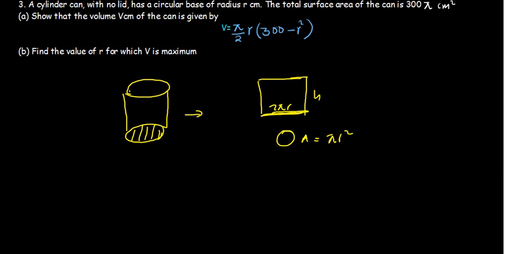That means the total surface area, which I can just say area, is going to be equal to the area of this. Simply multiply those two. That is going to be 2 pi r h, and then plus the area of this one circle, that is pi r squared.